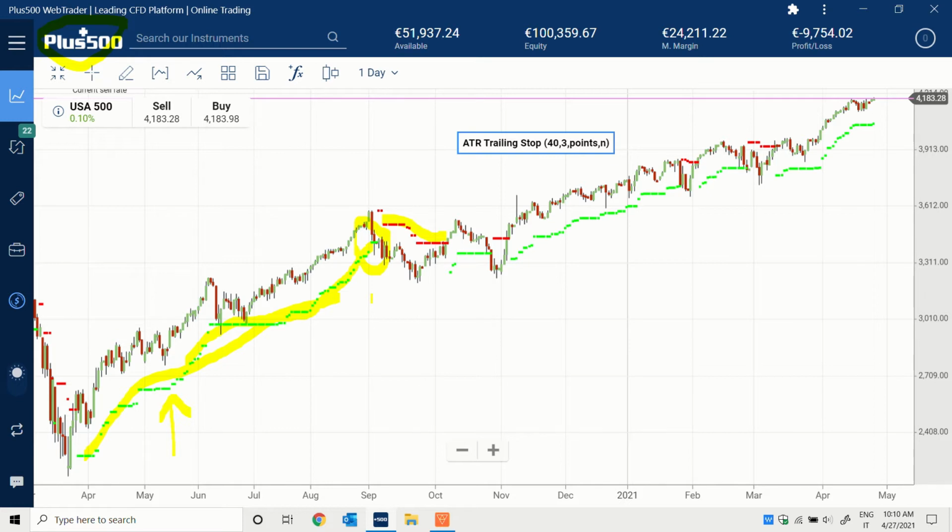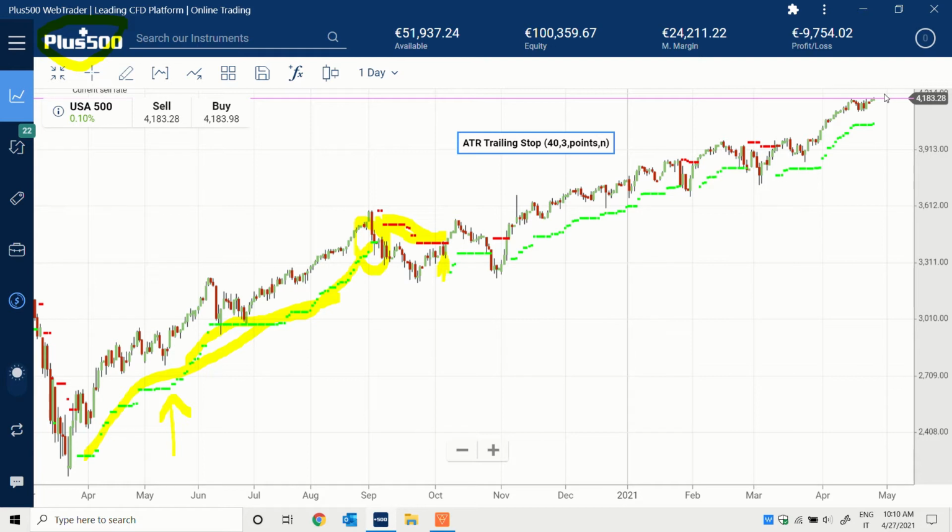We say that you close and revert your position, and then you stay short until the close price of one of the candlesticks goes above the red line. At this point you close and revert, so you close your short position and you open the long position, and then you keep on doing that until the end.